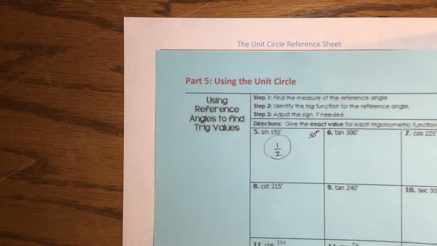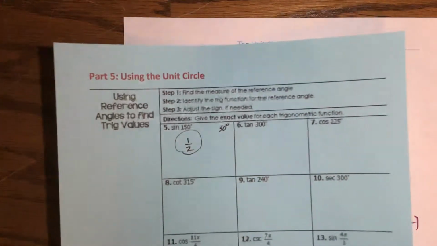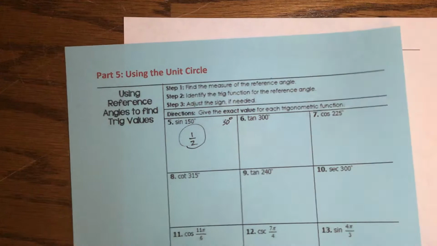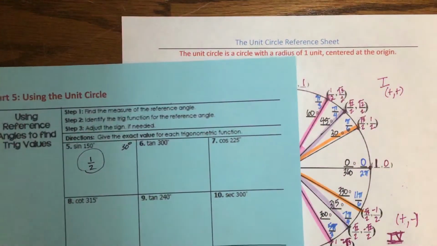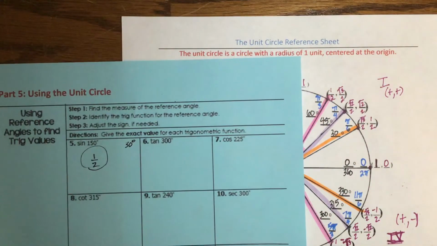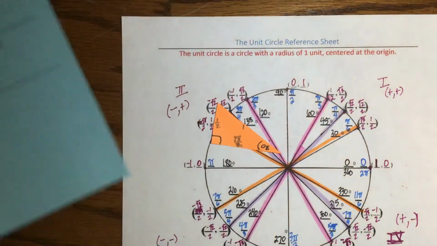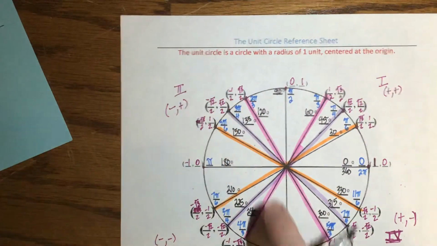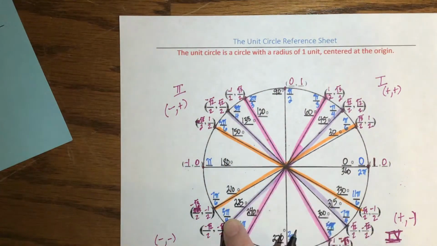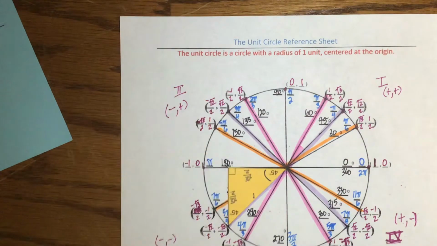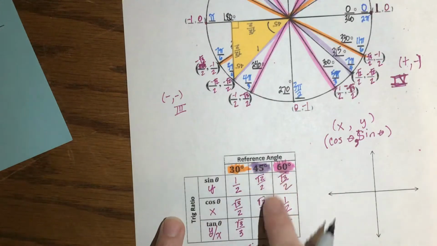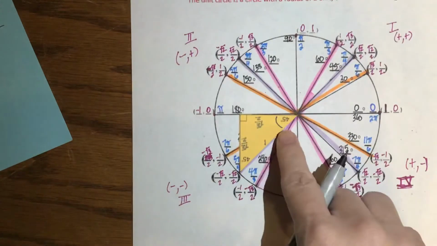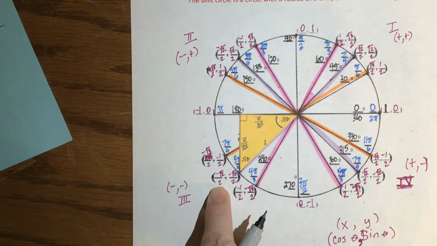Now, let's do tangent of 300. Actually, let's do cosine of 225 first, just because it's going to be more direct. So cosine of 225. We're going to find 225. It's right here. That has a reference angle of 45 degrees. So we know that our cosine here is going to be square root 2 over 2. We also can tell that because it's our x-coordinate.